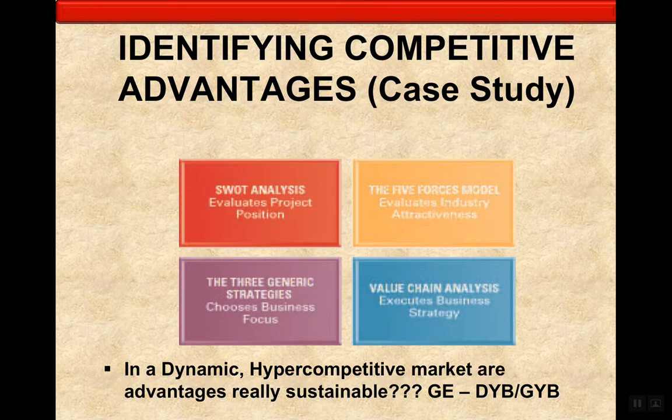Each one of these has particular advantages or strengths, and it's as good as the organization or the rigor that goes into using it. But as we say here, in dynamic, hyper-competitive markets, are advantages sustainable?